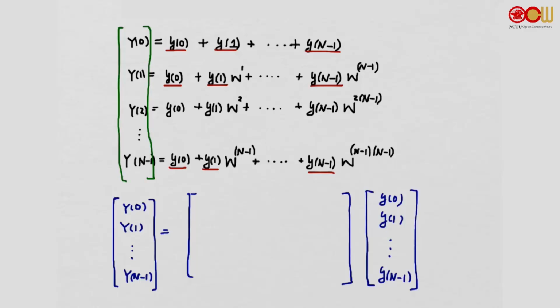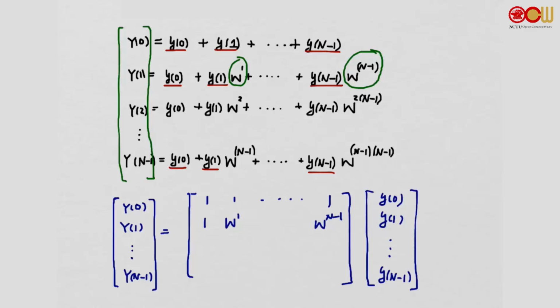The coefficient of y0 is simply 1, all the way 1. And for y1, the first coefficient is 1, and the second coefficient will be this coefficient here, so it's w1, and the next coefficient, all the way to the coefficient of yn minus 1, is wn minus 1.